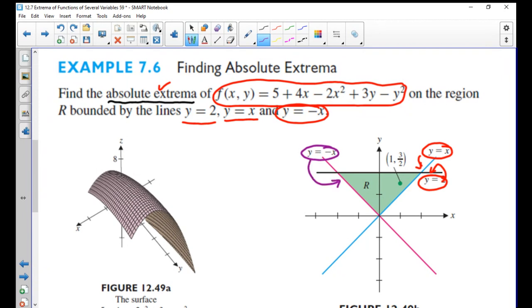So in the end, we're getting a region R, which is between all these 3 lines.